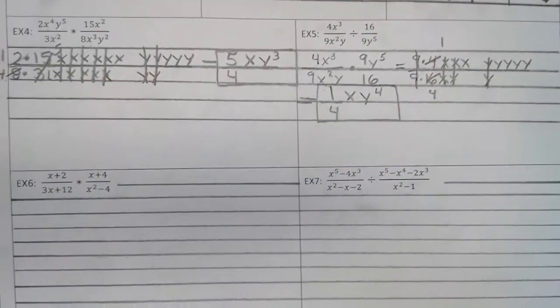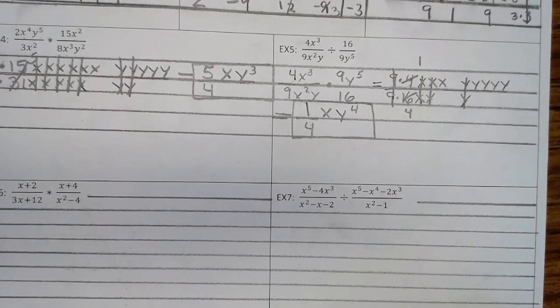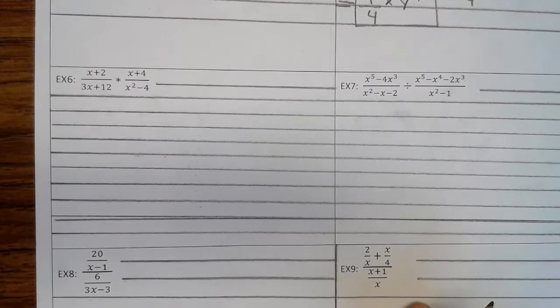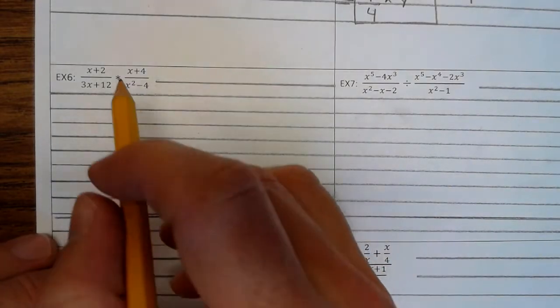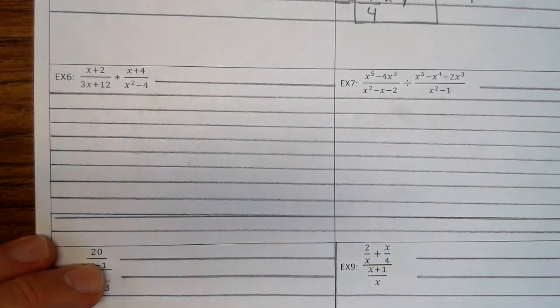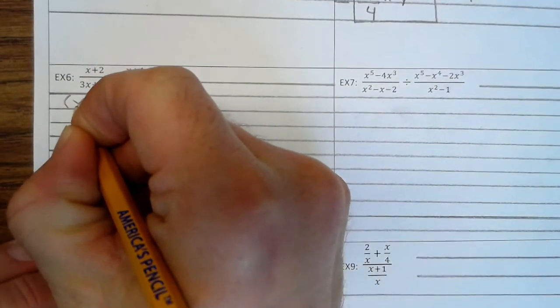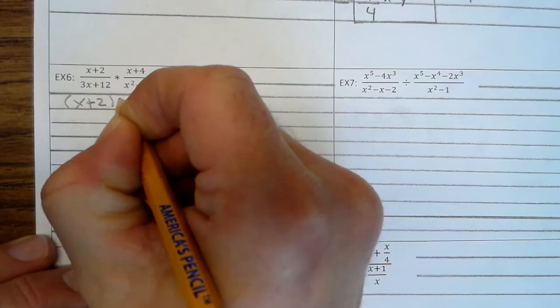All right, so now let's take a look at example 6. The key to these problems is you want to divide out common factors. So here we're going to write this as x plus 2 times x plus 4.